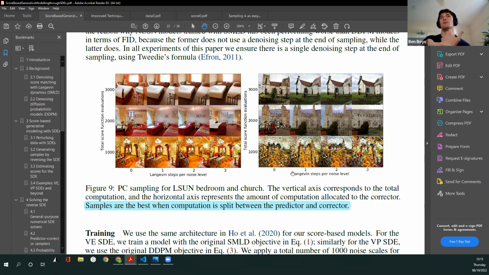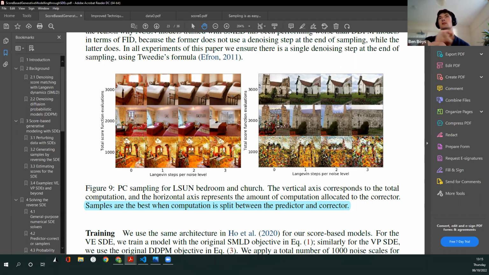So if you have 3,000 function evaluations, but you don't correct that distribution, then you've got some numerical error in discretizing the SDE, and you get quite noisy samples. But then if we correct the bias at each step, then we get better samples for the same compute budget.